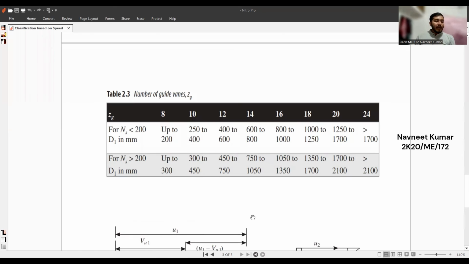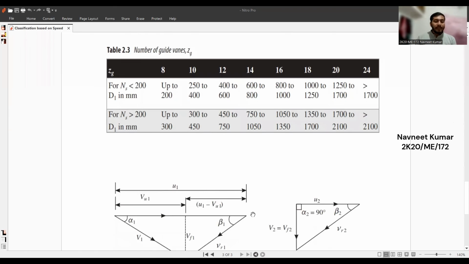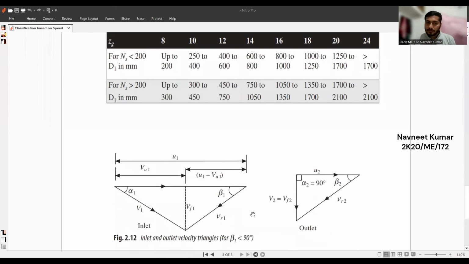At last, I would like to tell about some basic functional and geometrical relationships in the Francis turbine. In the Francis turbine, the inlet velocity u1 is r1 omega. Omega is the angular speed of the Francis turbine, and u1 is equal to r1 omega.